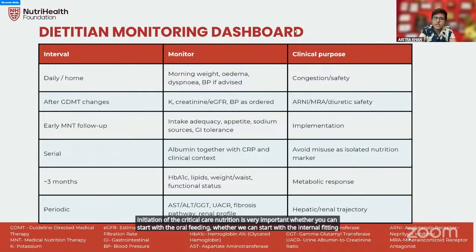Intake adequacy, appetite, sodium sources, GI tolerance, implementation. Albumin together with CRP and the clinical context; avoid misuse as an isolated nutrition marker. HbA1c, lipids, weight, waist circumference, functional status. Metabolic response is very important, because you all know that NASH became MASH.